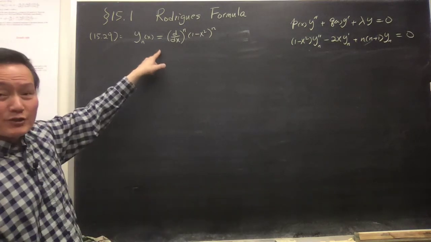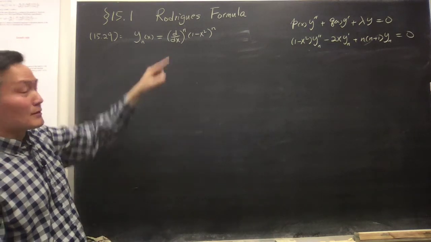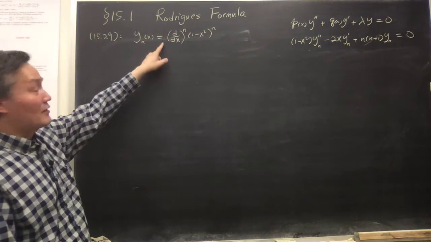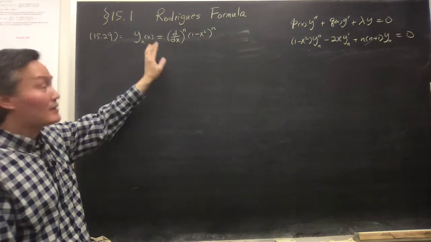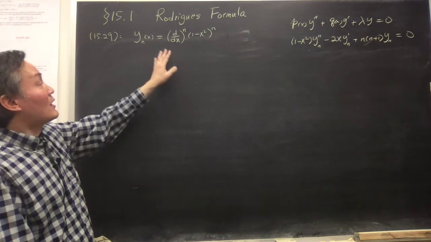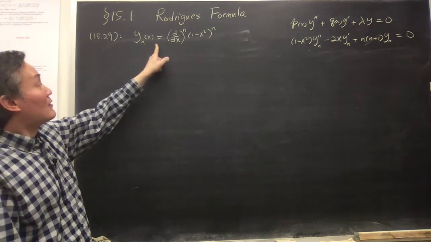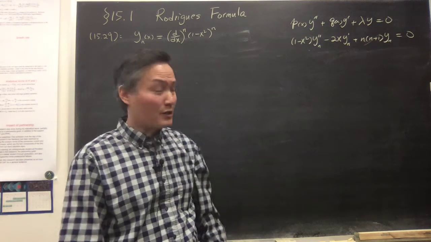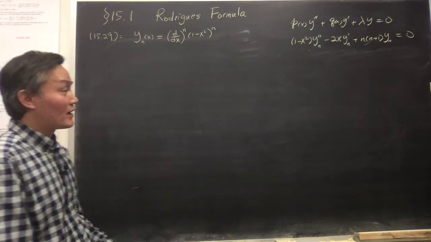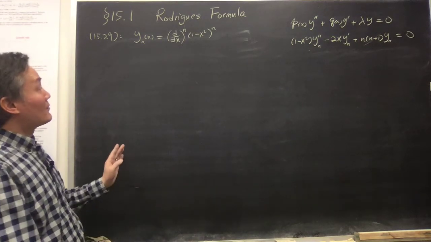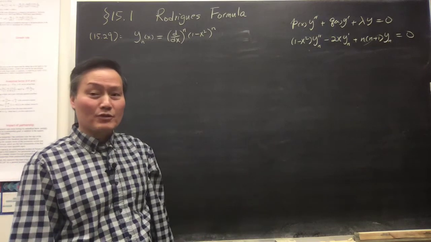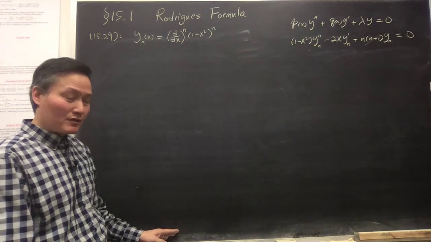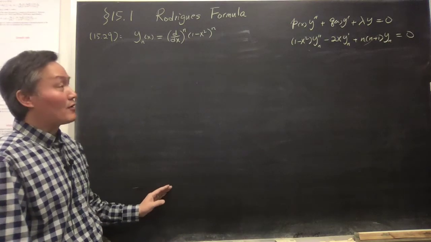Okay, and we showed last time that the conventional definition of the Legendre polynomial will involve a coefficient in front of that. But this time I want to show that this expression for y_n satisfies the Legendre equation directly. This is not in your textbook, but in section 12.1 we already discussed the general formula for the Rodrigues formula satisfying the ODE.